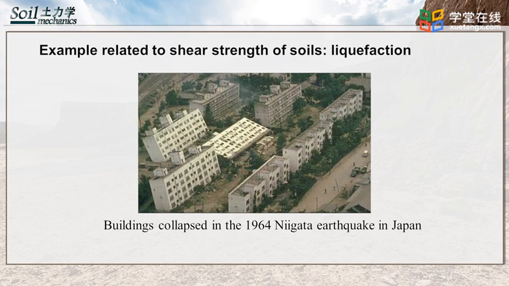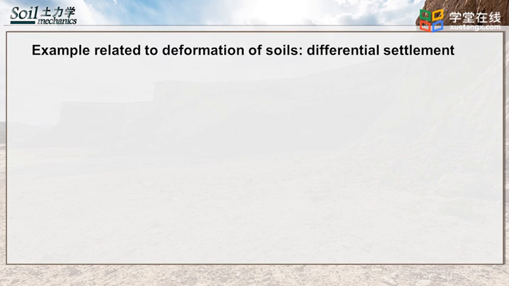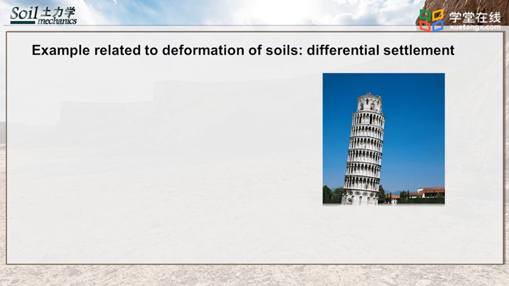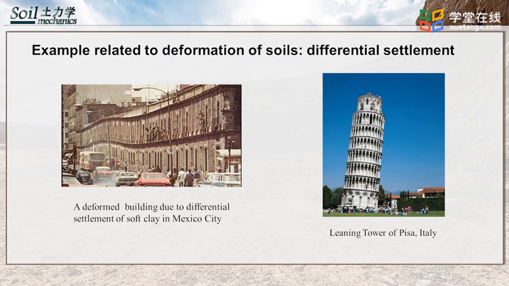After learning soil mechanics, you may better understand this phenomenon using the principle of effective stress. Classic examples related to deformation of soil are Leaning Tower of Pisa in Italy and a deformed building in Mexico City, as shown in the slides.